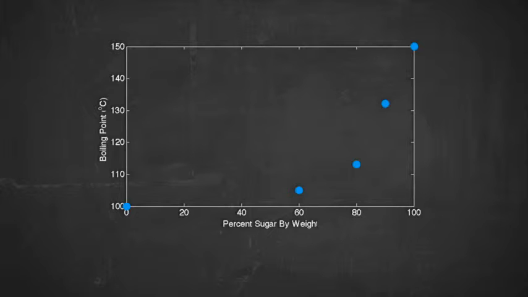By the time you're at around 80% sugar by weight, the boiling point has gone up to 110 degrees. And as you continue to increase the weight percent of sugar, the boiling point goes up more and more, until at about 100% sugar, when there's almost all sugar, the boiling point is 150 degrees. So the boiling point is elevated by about 50 degrees Celsius between no sugar and essentially all sugar.